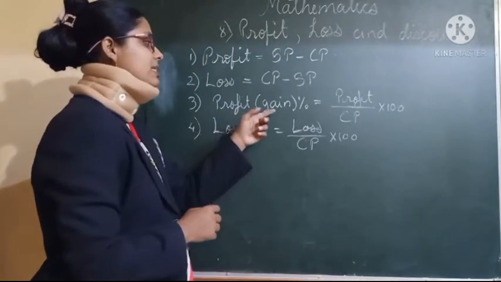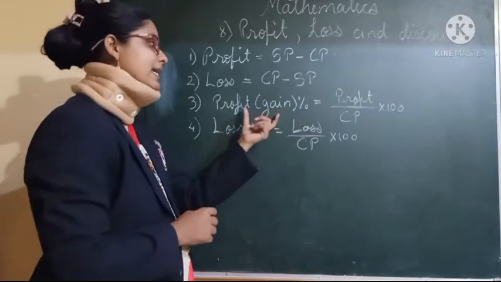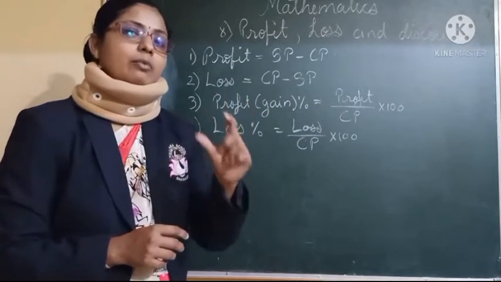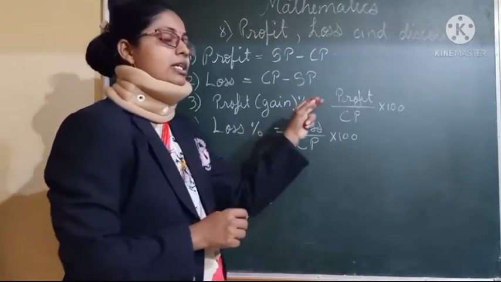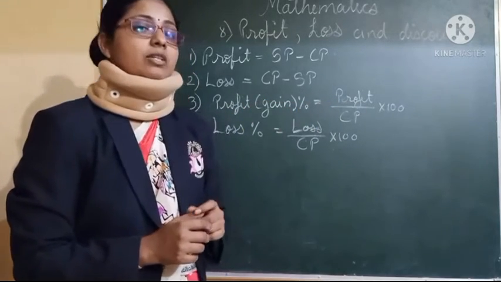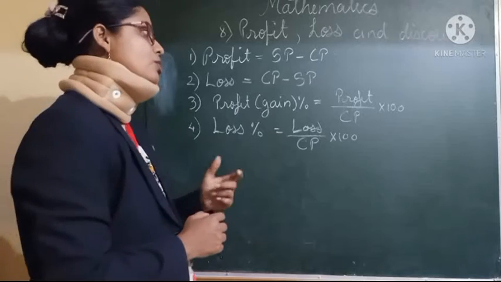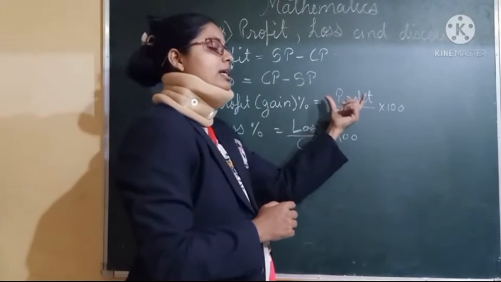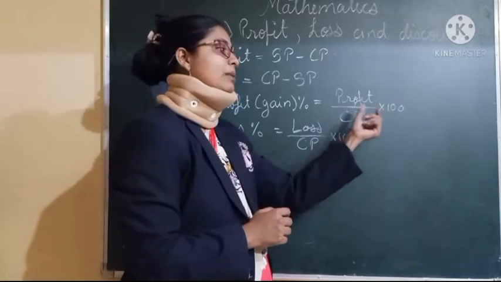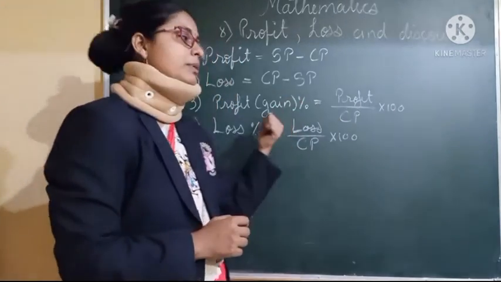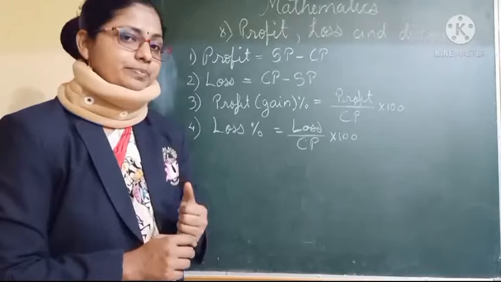Next is profit, gain or percent. Gain or profit means the same. So how can we take out the percentage of the gain or profit? Whatever the amount of profit you get, divide it by cost price and multiply by 100, and you will get the percentage of profit.